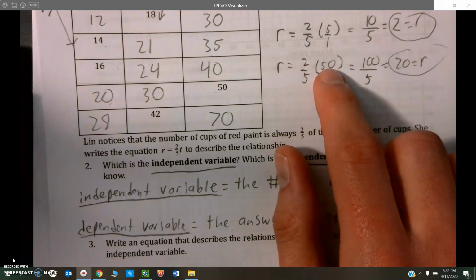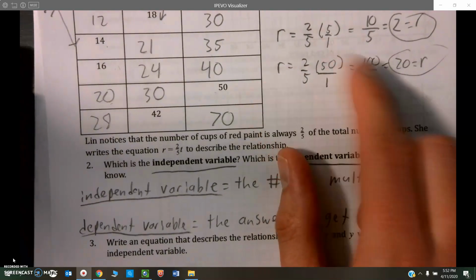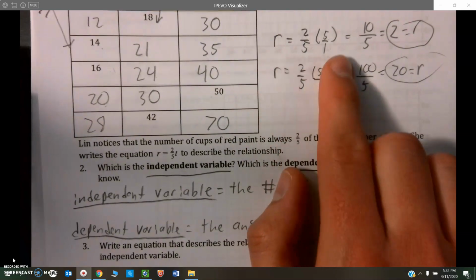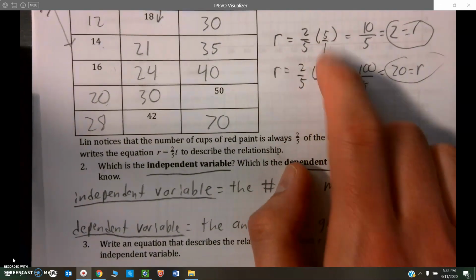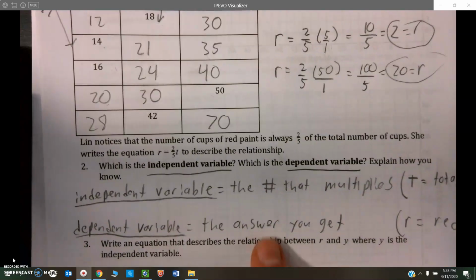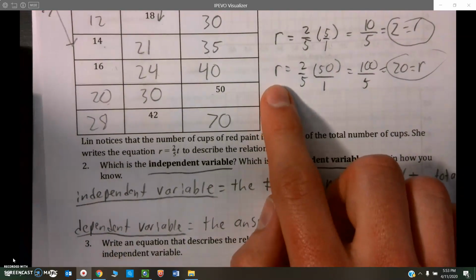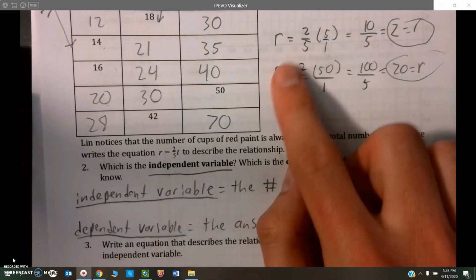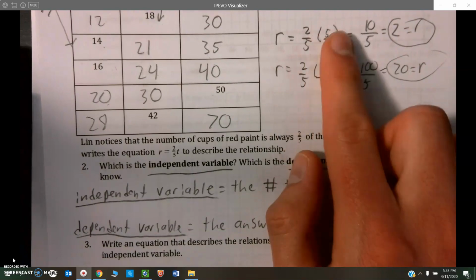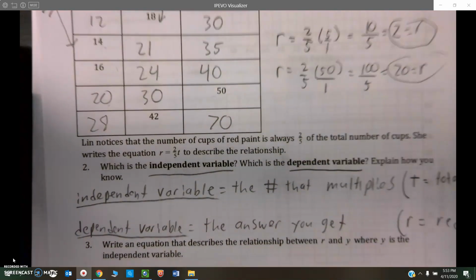When I plugged in 50 for t, I got 20 for r. So what I got for r depended on what I plugged in for t. So that's why the answer you get, the number that's on its own, is always the dependent variable, because it changes based on what you plug in for the independent variable.